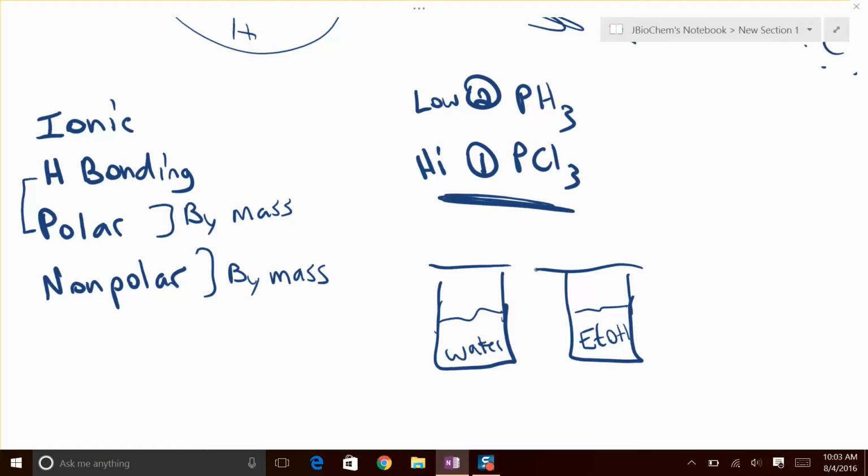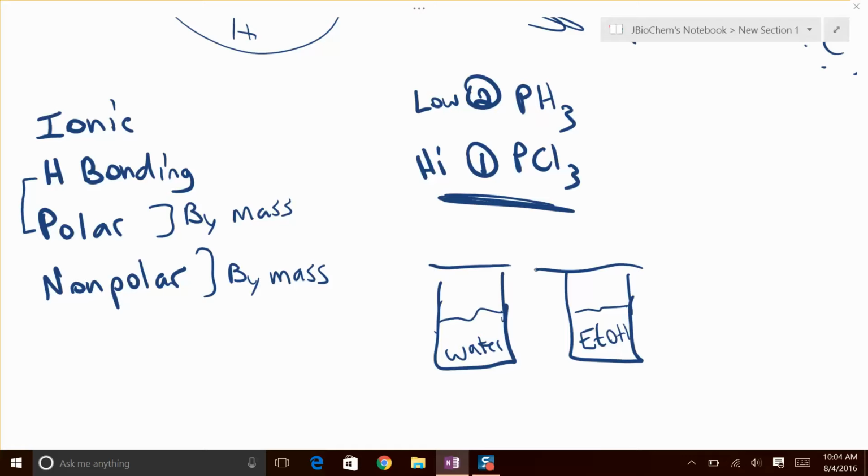The lower the boiling point, the higher the vapor pressure. That's the relationship between those two. You would still arrange it the same, but this would be increasing boiling point and this would be decreasing vapor pressure, or from top to bottom, increasing vapor pressure.